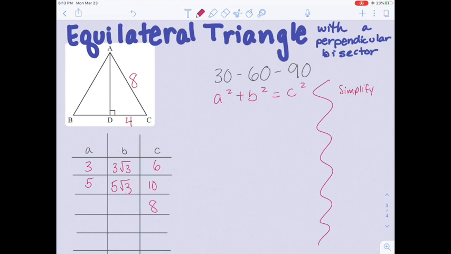And now we want to find B. So A squared, so 4 squared plus B squared equals 8 squared. 4 squared is 16 plus B squared equals 64. We're going to subtract 16 from 64. When you do 64 minus 16, what do you get?